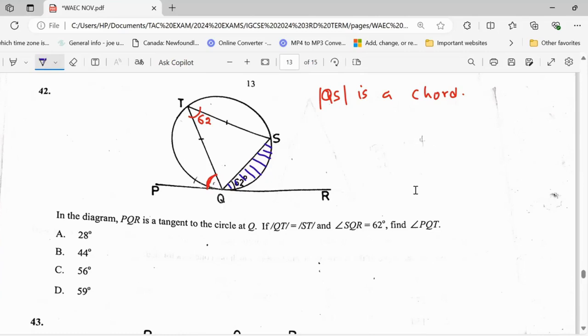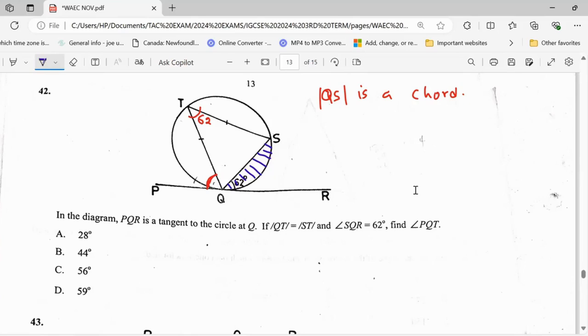This triangle has this chord, so the remaining two sides are used to form an angle in the major segment. So the angle between the chord and this tangent will be equal to this angle formed in the major segment.